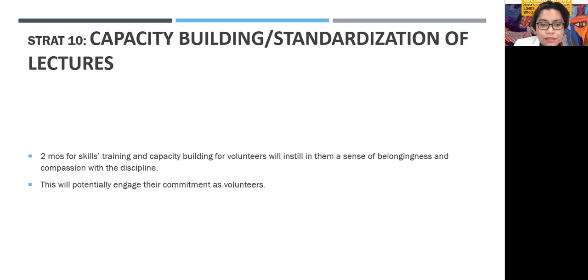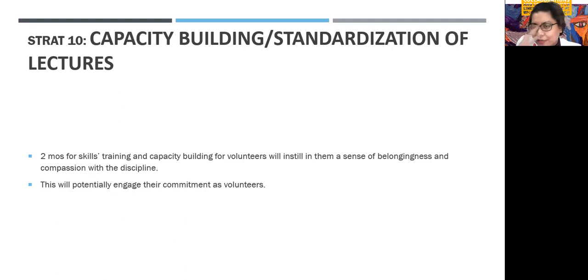2 months for skills training and capacity building for volunteers based on the guidelines being provided not only by DOH but also by the WHO will instill in them a sense of belongingness and compassion with the discipline. This will potentially engage their commitment as volunteers.